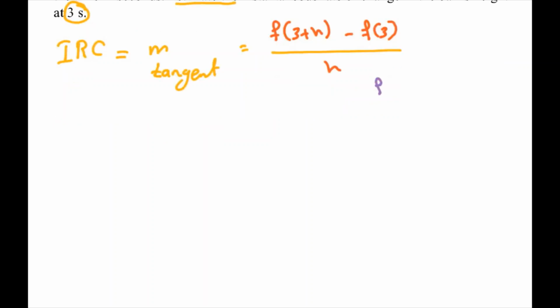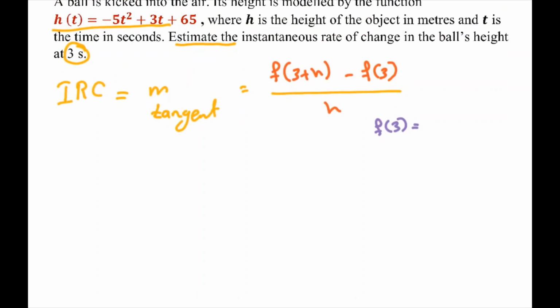So now f(3) is basically equal to negative 5 times 3 squared plus 3 times 3 plus 65, and that's equal to 29.